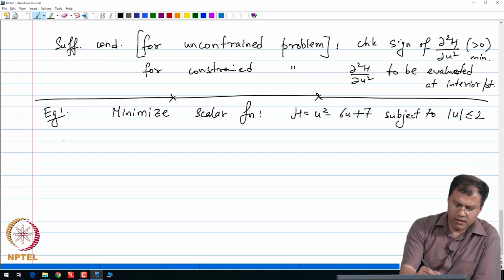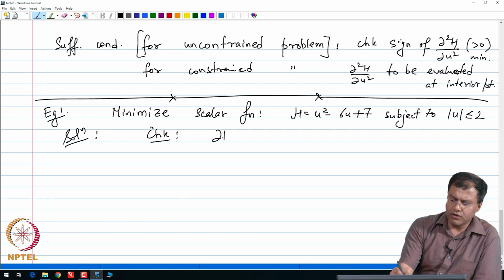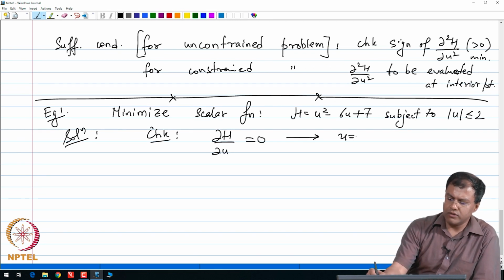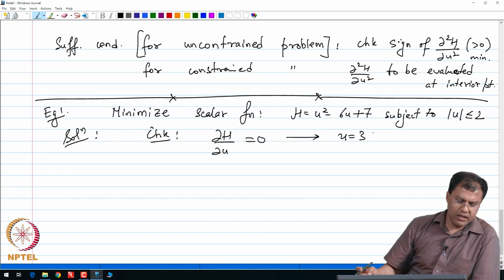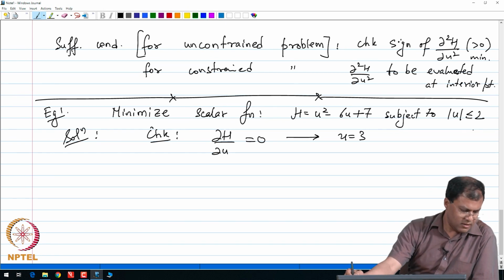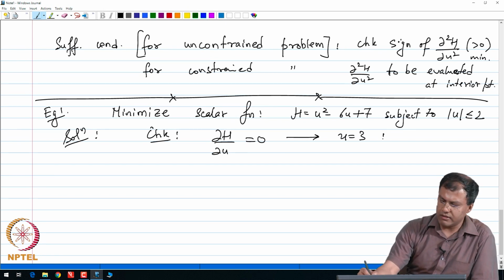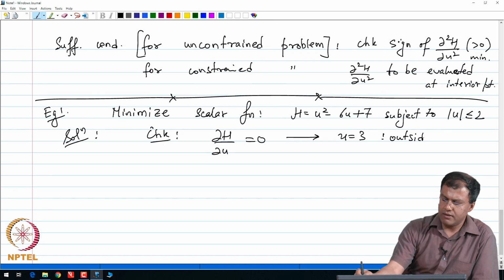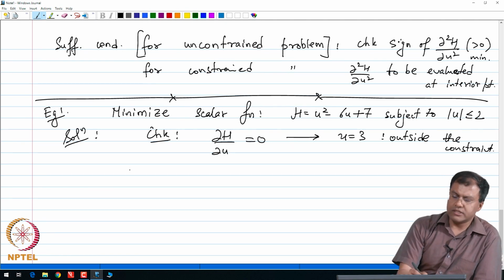So, if we were to differentiate h with respect to u and set equal to 0, I am going to get u is equal to 3, right. So, that is not a viable solution because it exceeds our constraint, right. So, u equal to 3 is outside the constraint. So, then we have to check the boundary values.